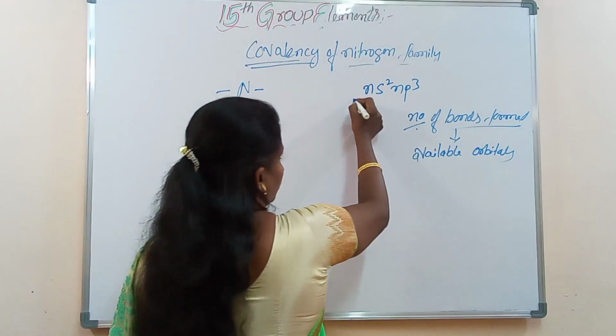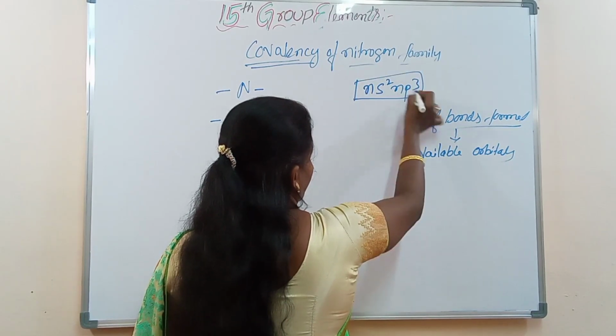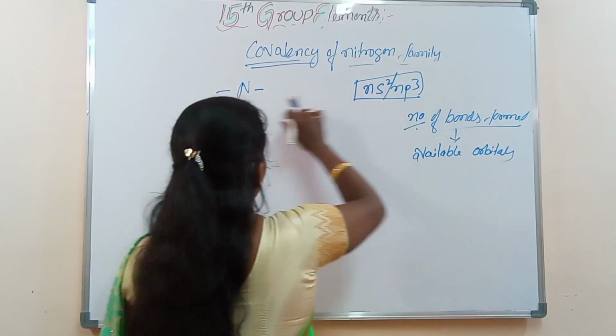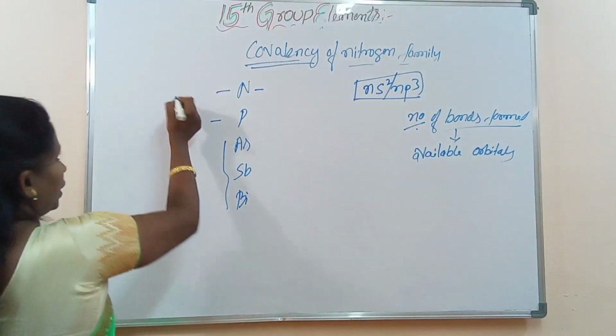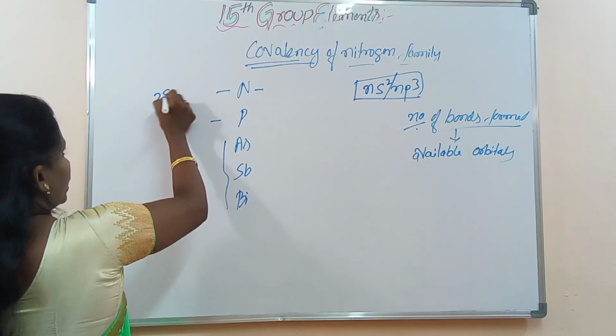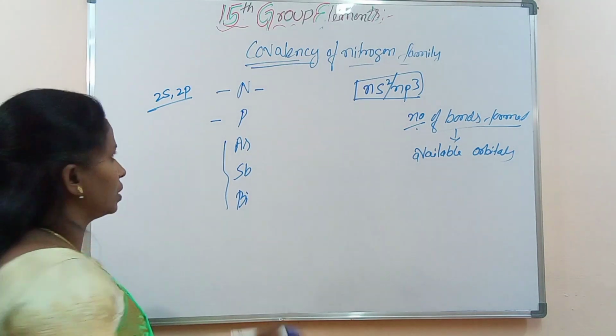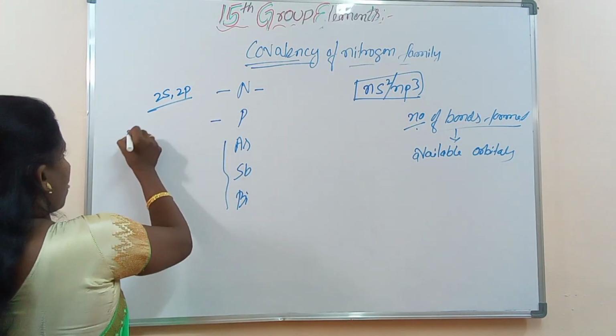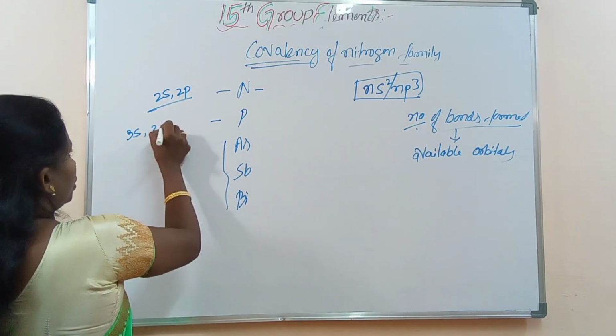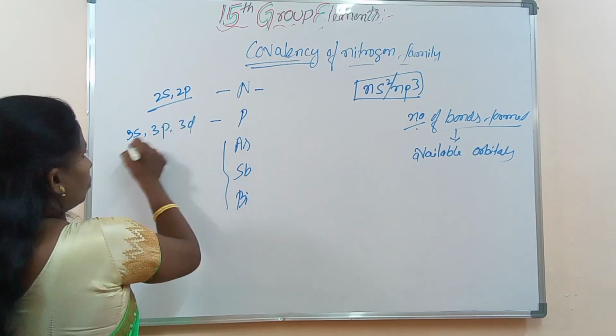So look here, in the general electronic configuration ns2 np3, in nitrogen particularly, 2s and 2p, only 4 orbitals are present, but in phosphorus 3s, 3p and 3d orbitals are present.